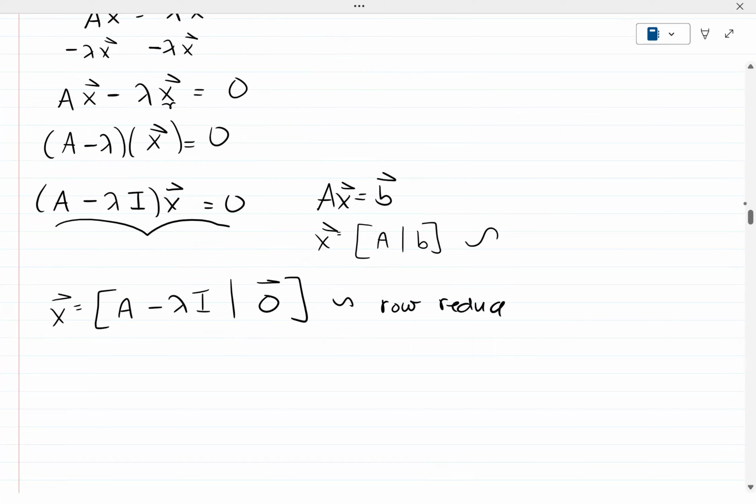So there are a lot of steps. I'll go over step 1.